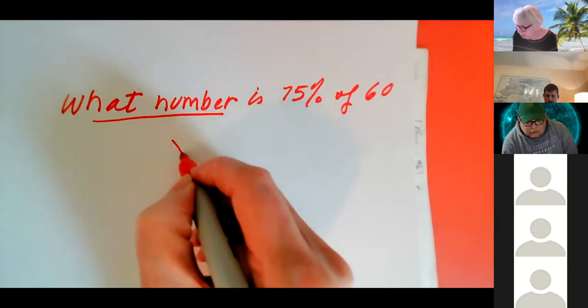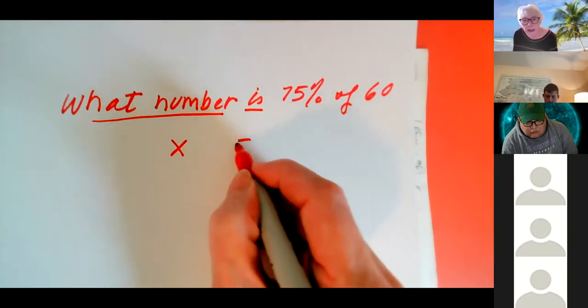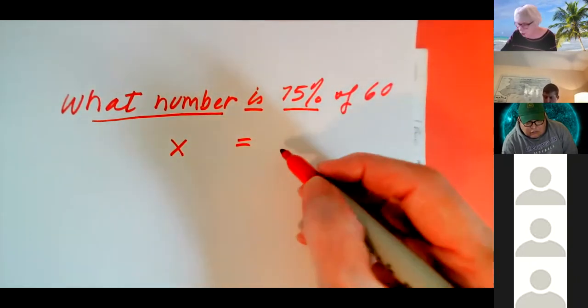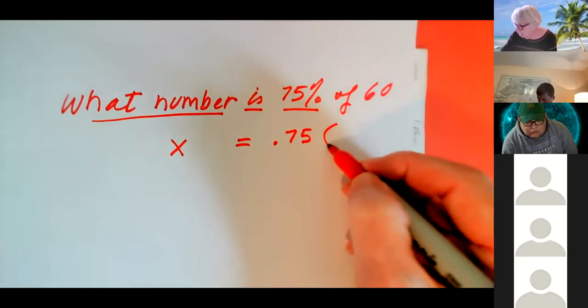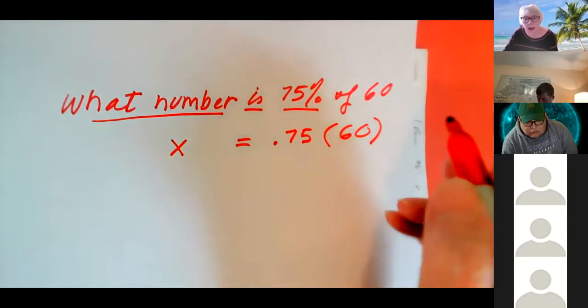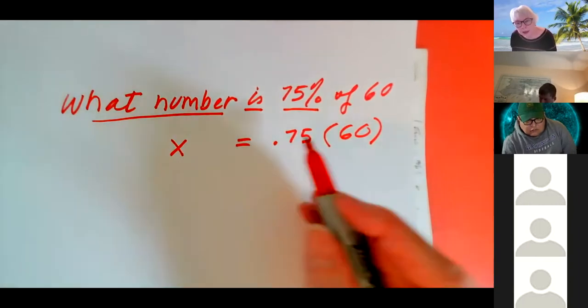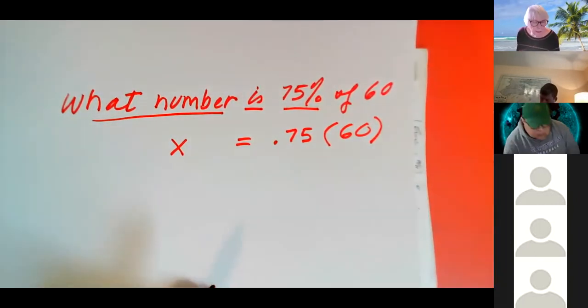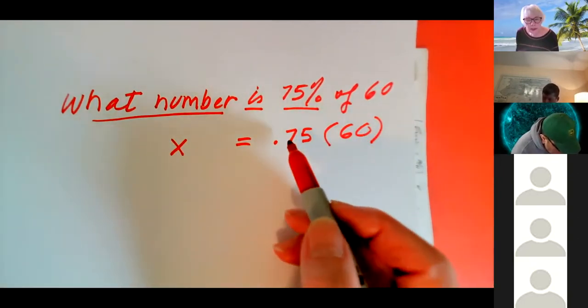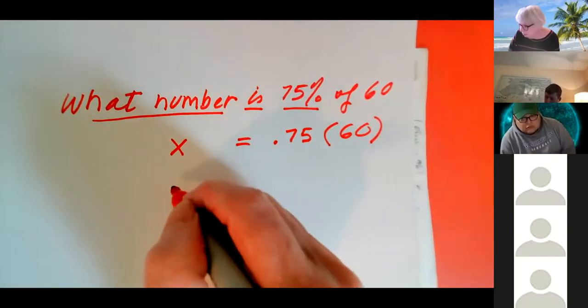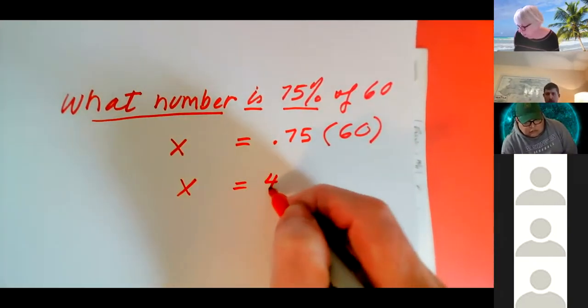What number X equals 75%, 0.75 times 60. So I think this is a clear way to do this problem that doesn't require a lot of angst. And so you multiply 60 times 0.75 and you get 45.